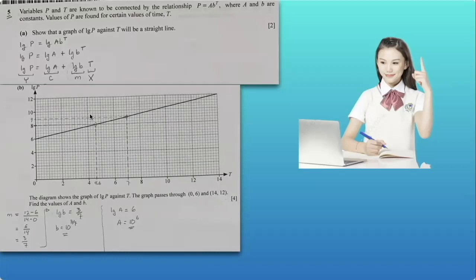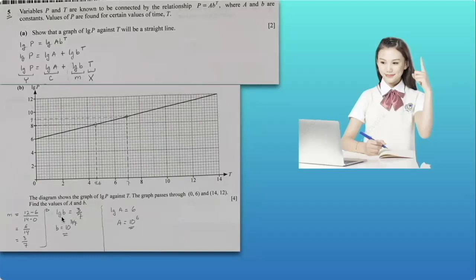We are given these two points, so we just use change in y divided by change in x: (12 - 6) divided by (14 - 0). So this is the gradient, 3/7, which is equal to log b. So we equate them.